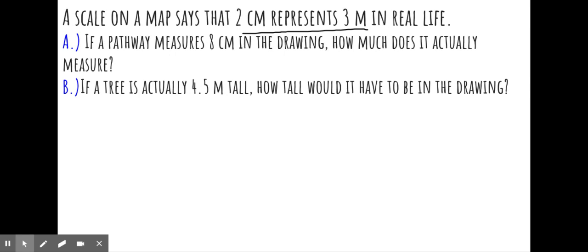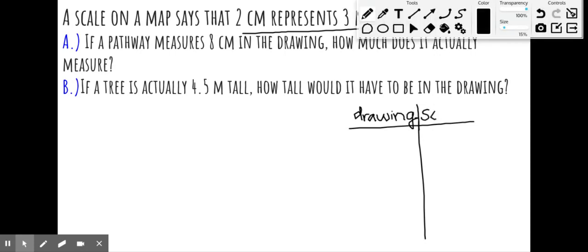They give us the scale. So first thing we want to do is make our table. When you're given your scale, you want to make a table that uses the scale.